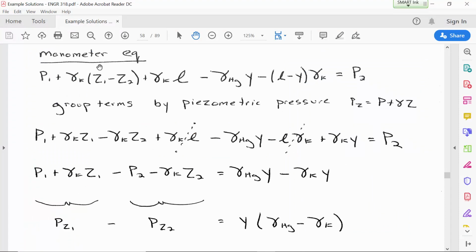Pressure increases down through the kerosene portion of the pitot tube, decreases as we go up through the manometer fluid, and then decreases the rest of the way to get to location 2. So expanding that out, canceling like terms and grouping in terms of piezometric pressure, we just get that the change in piezometric pressure is this deflection multiplied by the difference in the unit weight.